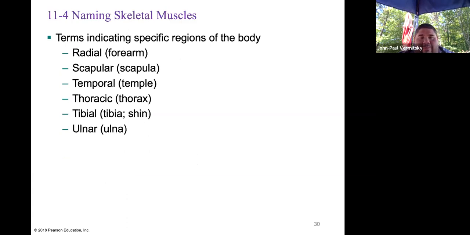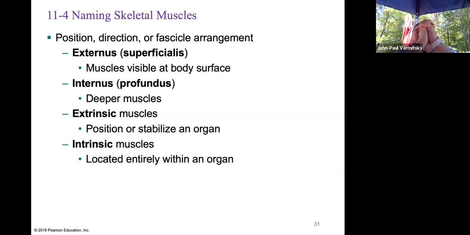Radial, forearm, think of radius. Scapular, scapula. Temporal is the temple region, your temporal bone's right here. Thoracic is the thoracic cage. Tibial is shin, think of tibia. Ulnar, think of ulna. So again, a lot of the regional names will actually be part of the actual name of the muscle.